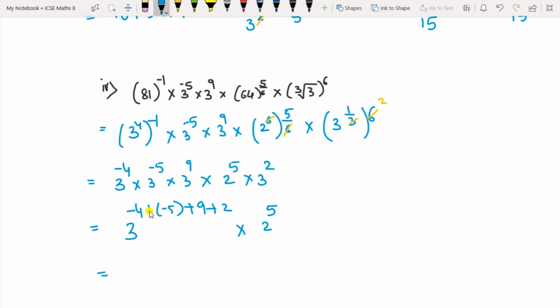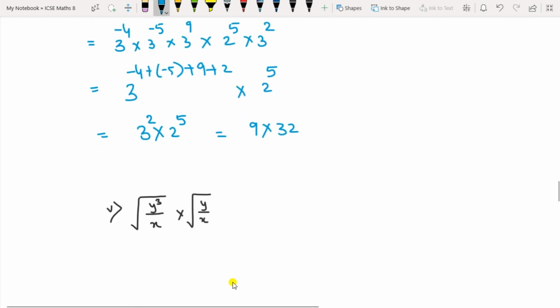So minus 4 minus 5 is minus 9, plus 9 is 0. The remaining is 3 square into 2 raised to 5, that becomes 9 into 32. So the answer is 288. This is the answer.